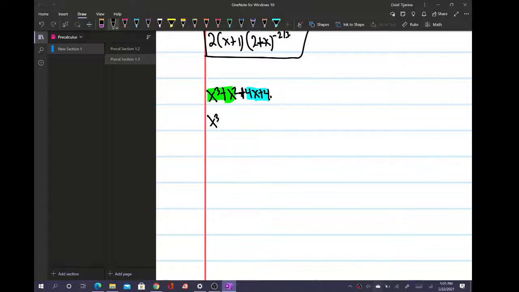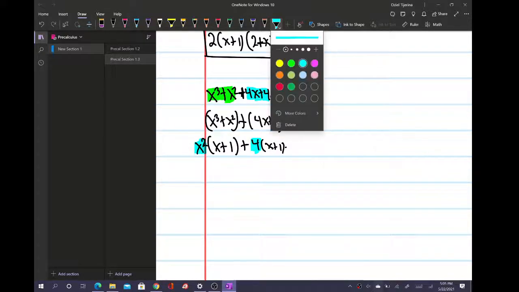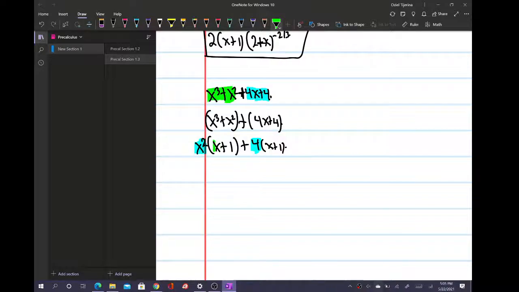So we have x cubed plus x squared plus 4x plus 4, right? This can be x squared times x plus 1 plus, and then we can factor this, we can say 4 times x plus 1. So look at how they have a common factor of x plus 1. That means that we can grab this, and then we can also grab this.